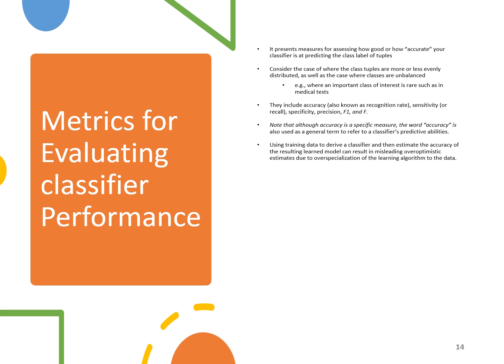Note that although accuracy is a specific measure, the word accuracy is also used as a general term to refer to a classifier's predictive ability. Using training data to derive a classifier and then estimating the accuracy of the resulting learned model can result in a misleading, over-optimistic estimate due to over-specialization of the learning algorithm to the data.